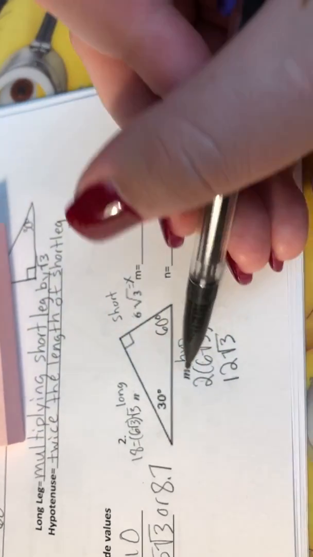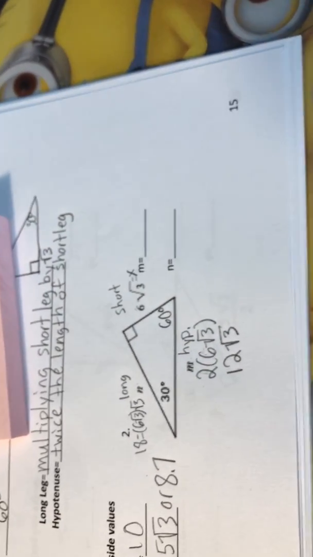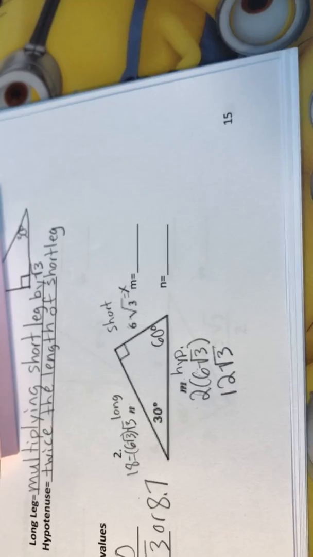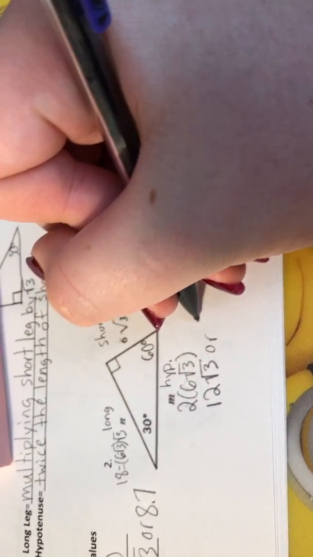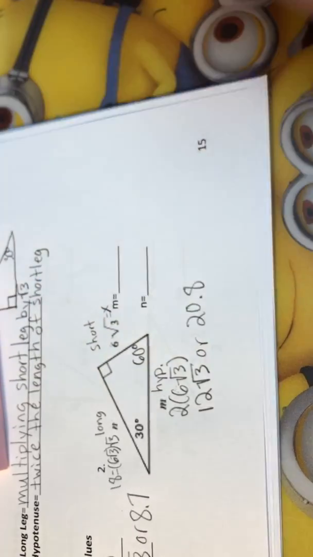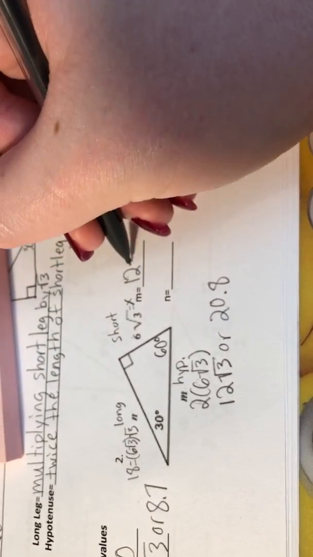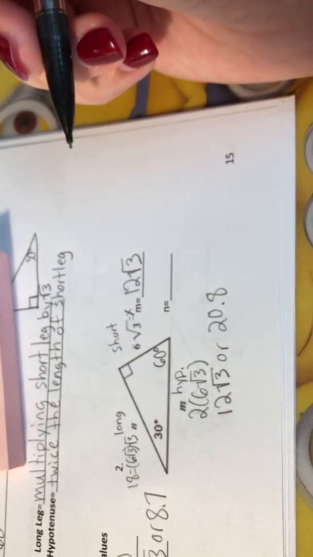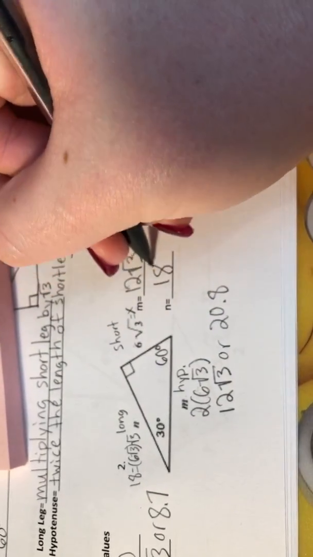So you're only doing what is on the outside of the radical. Or you can find the decimal. If you put it in your calculator, the decimal would be 20.8. So we're asked what is m, and I'm going to put 12 times the square root of 3. You could put 20.8, and my n is 18.